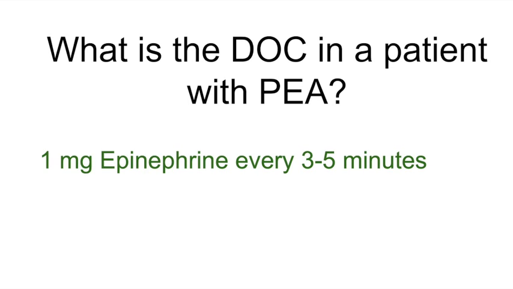IV atropine is indicated in symptomatic bradycardia with, for example, hypotension and heart failure, but they have to have a pulse. So sinus bradycardia in the absence of a pulse represents PEA and not a symptomatic bradycardia. That's an important distinction to be aware of when reading through these very long clinical vignettes on exam day.